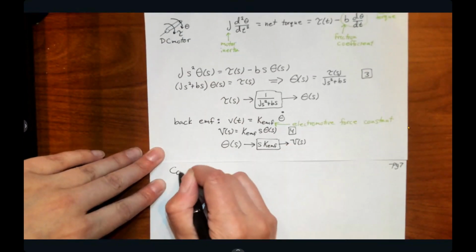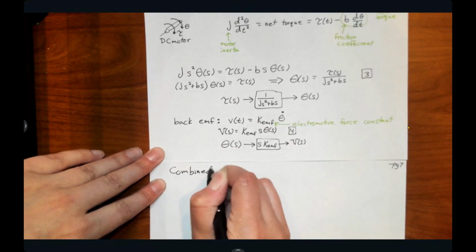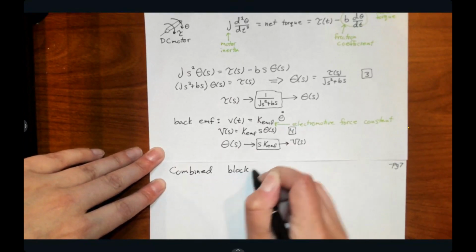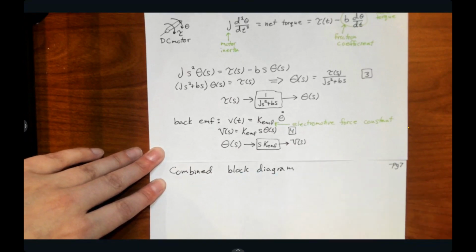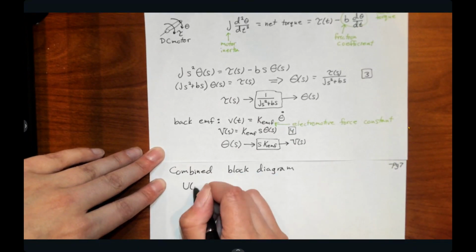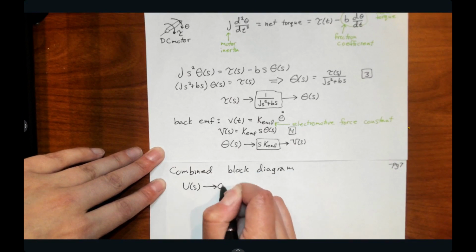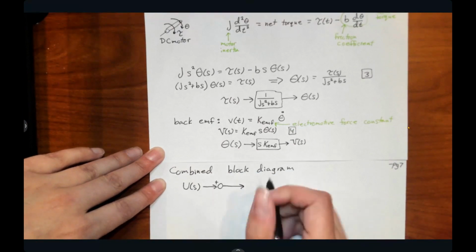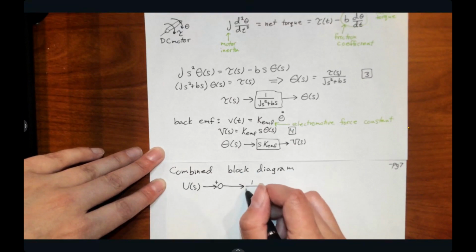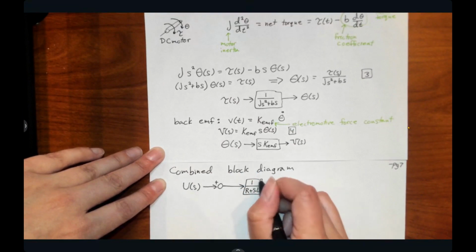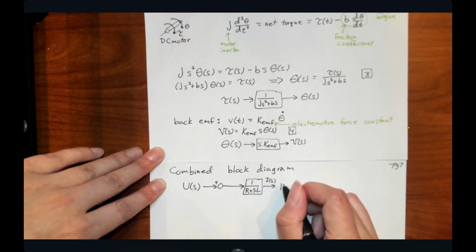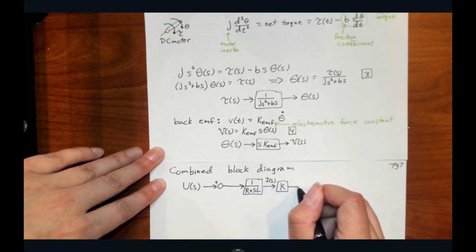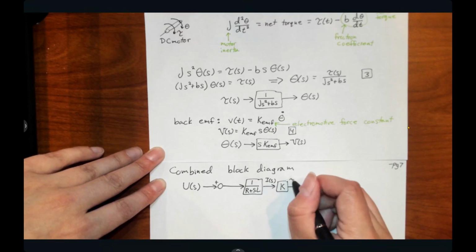So our combined block diagram, we're going to have our input voltage. And then from that voltage, we can produce a current in our motor. And then that current is going to result in a torque.